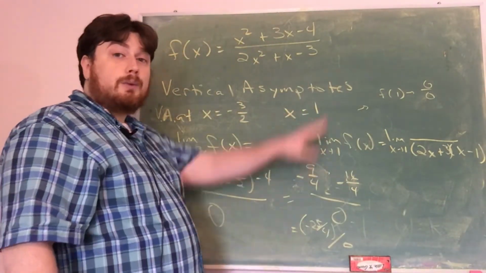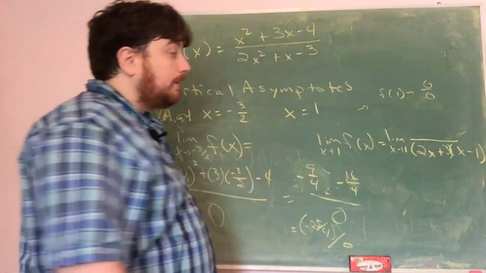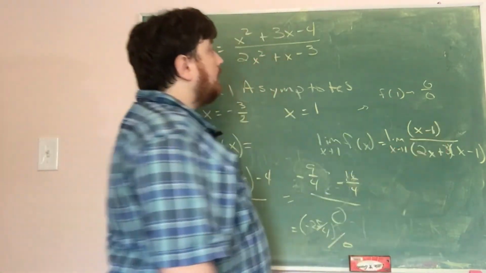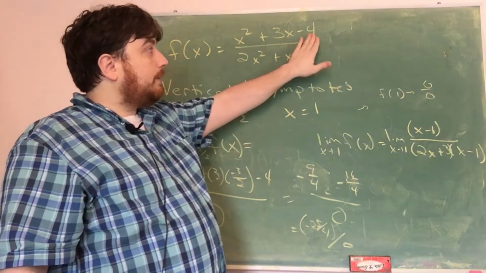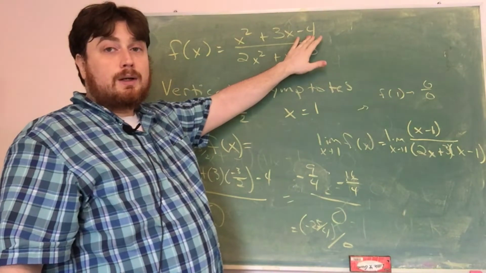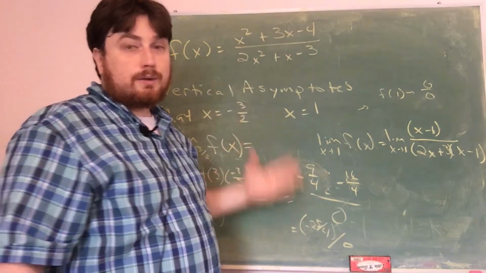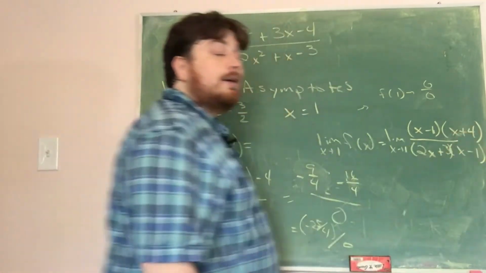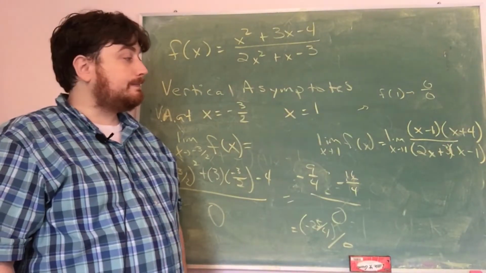Now, we know that if we plug 1 into the top, we're going to get out a 0. So we actually know that an x minus 1 will factor out of the top. And so what we're left with checking is just what would the other one be. Negative 1 times 4 would be negative 4, and then positive 4 minus 1 is positive 3. So that's going to work out. So I'm going to get x plus 4 as the other term in the factorization here.